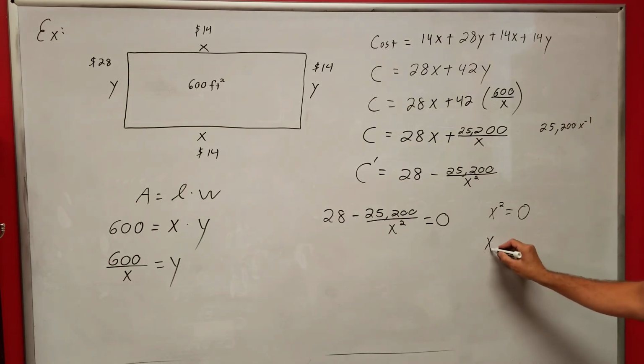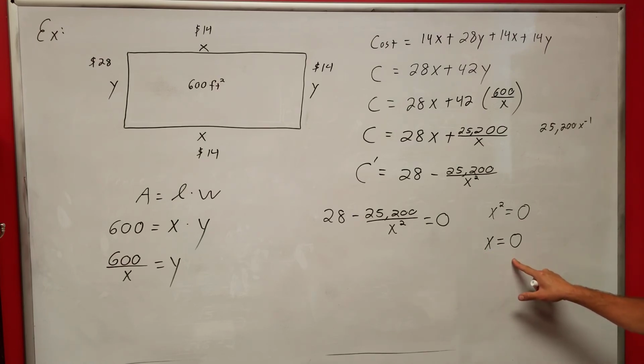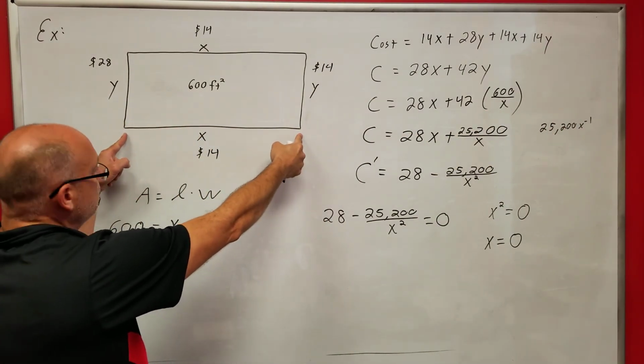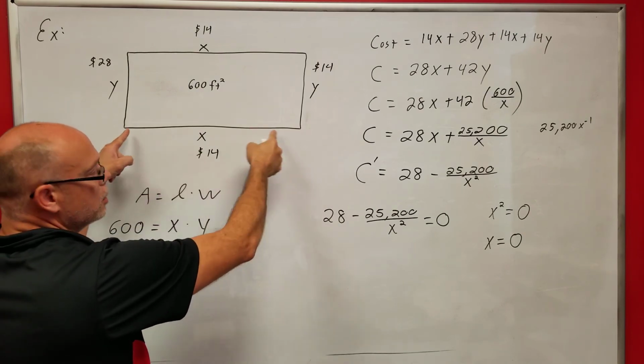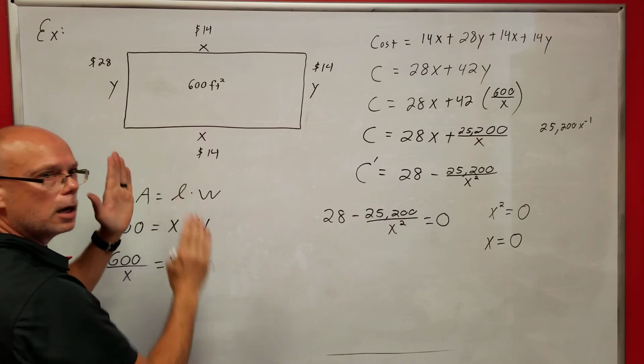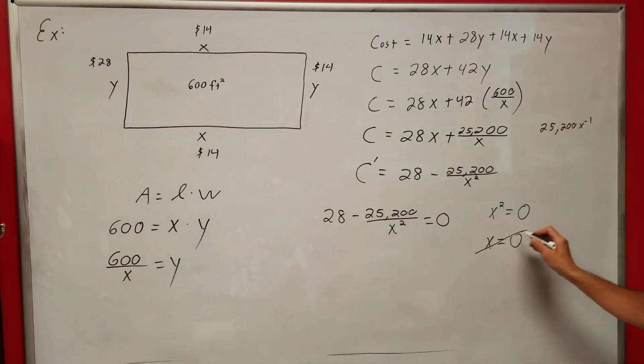So if I solve this part here, I'm going to get x is equal to 0. Is that going to help me out any right here? Think about it. What does x stand for? The length of this side of my enclosure, right? So if x is 0, I don't have any width at all, and then I can't make a rectangle. So this doesn't make sense in the context of this problem.